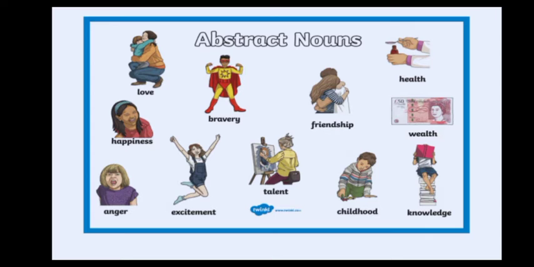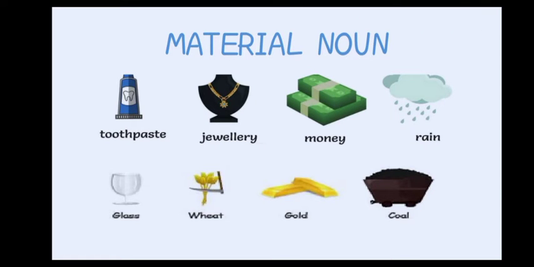So excitement, talent, childhood, knowledge, all these things you cannot see, you cannot touch, but you can experience them, right? You can experience anger by the different gestures of a person. You can feel the bravery of a person by the different deeds he performs. But you cannot see or touch bravery with your hands. Such nouns come under your abstract noun.